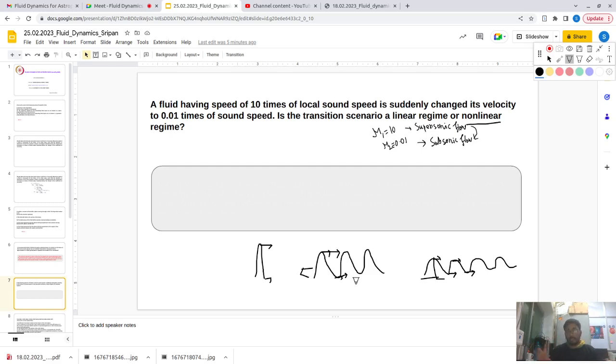If your input changes by, let's say, 5 times, your output will also change in that fashion. But in the nonlinear regime, you have an input and an output, but they are not linked in this way: the change in the output does not depend only on the change in the input. That is the nonlinearity.